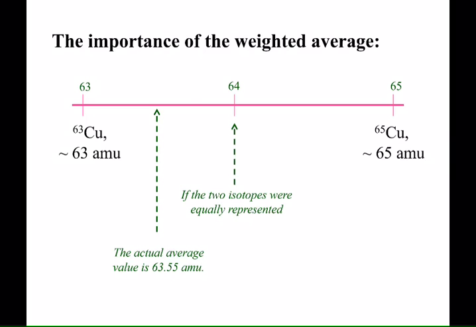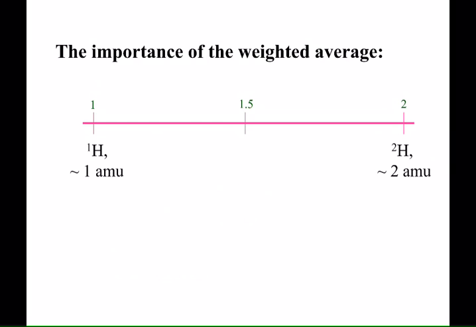Now, taken to its extreme, I talked about hydrogen having two naturally occurring isotopic forms. The light one is much more abundant than hydrogen 2. So if you were just to do a simple average, you would come up with 1.5 AMUs as how much a hydrogen atom should weigh.